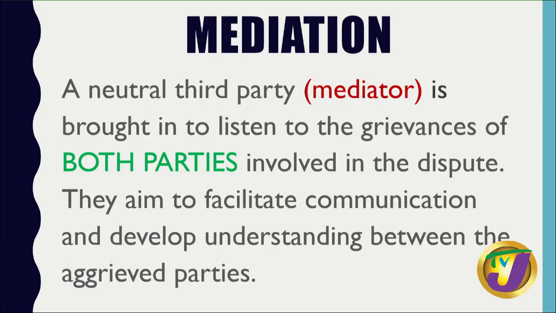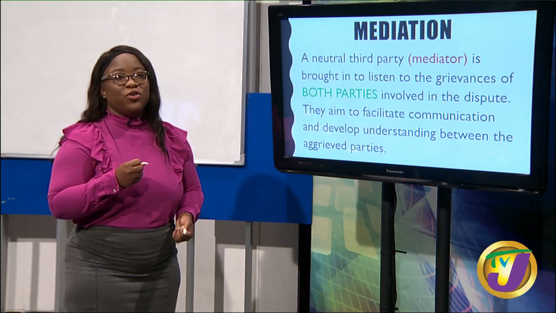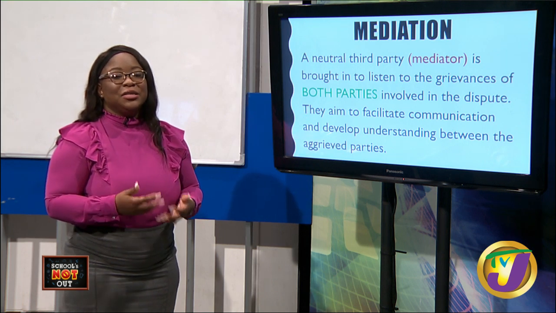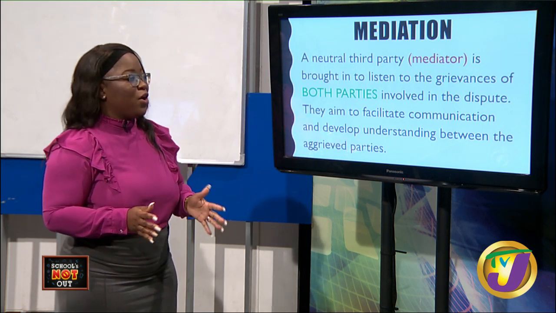Now let us start out by looking at mediation. What does mediation involve? Why is it different from other forms of conflict resolution in the workplace? This is where we have a party that is not affiliated to either or doesn't have any allegiance to either party in the conflict.